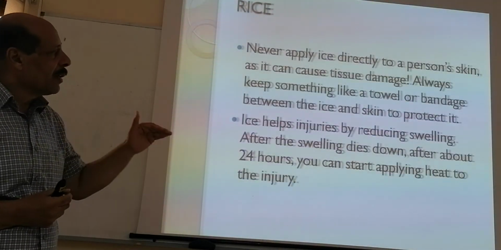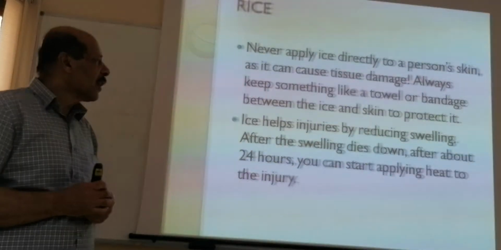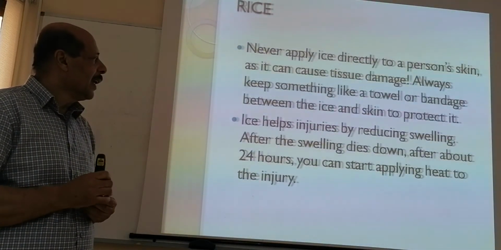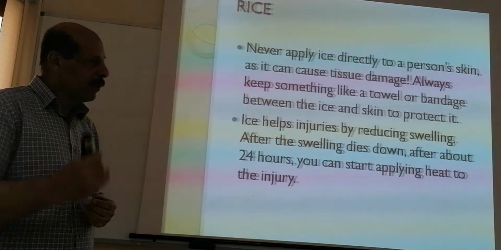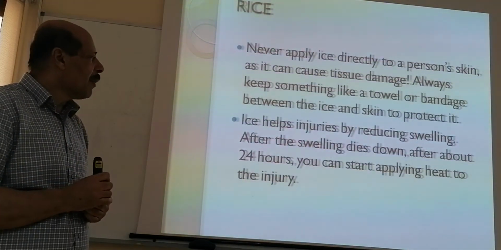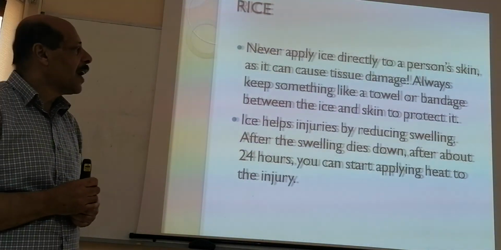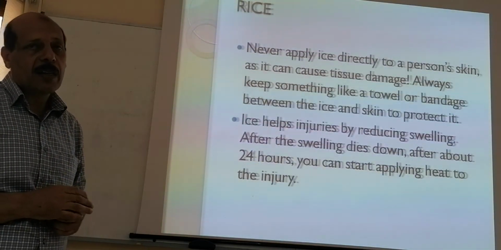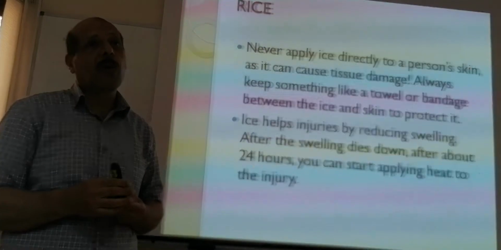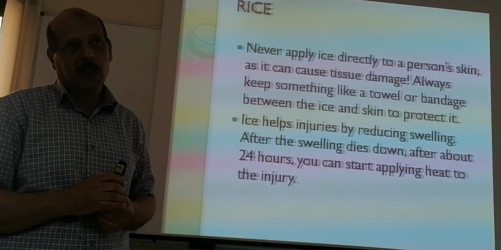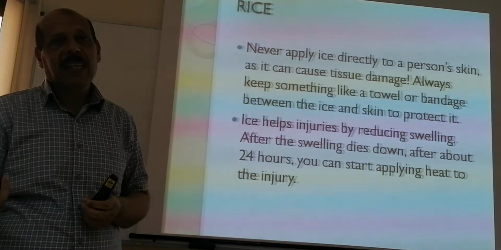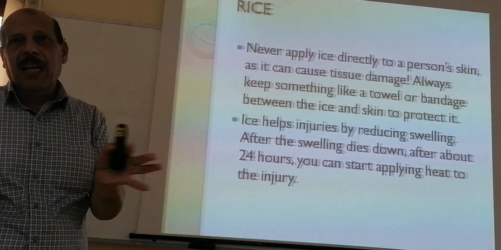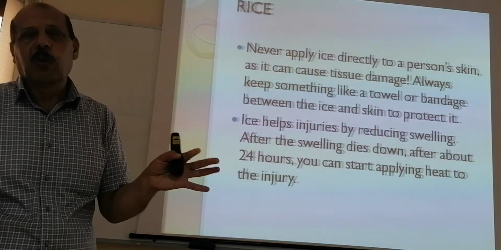Ice helps the injury, as we said, by reducing the swelling, and after the swelling has come down, after about 24 hours, you can start applying heat to the injury. Usually we apply ice for the first 24 hours in order to decrease the blood supply to the area and minimize the escaping of fluid to the tissues.